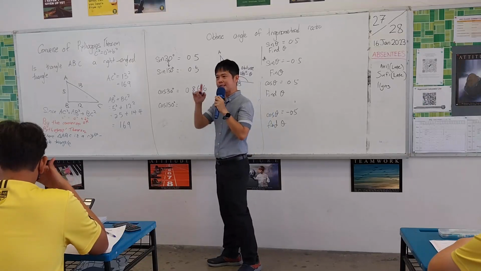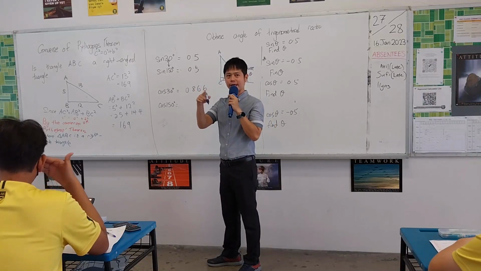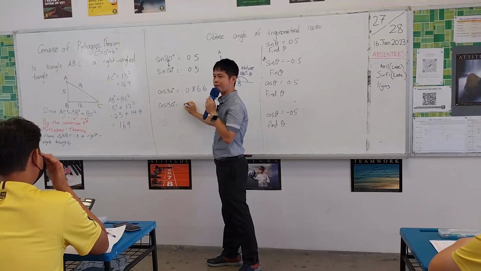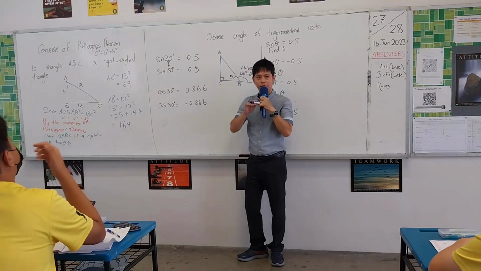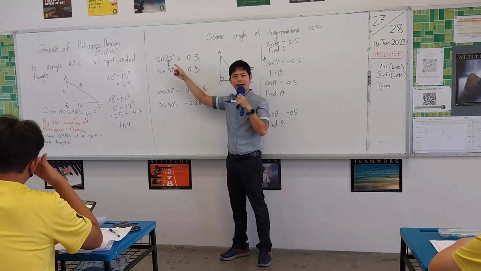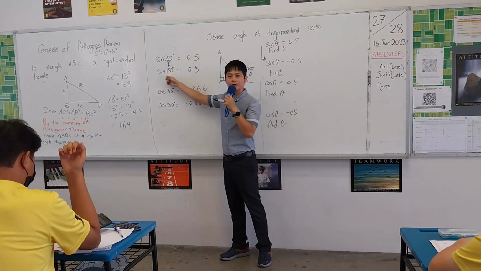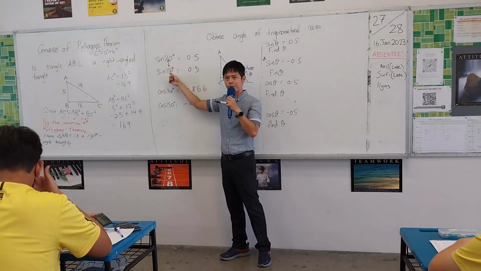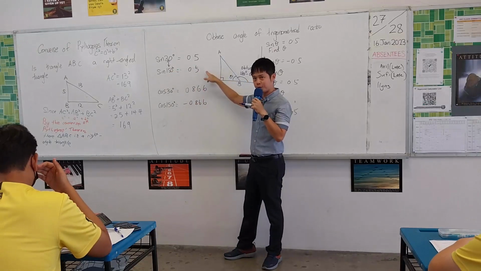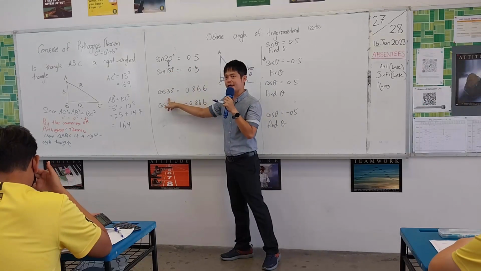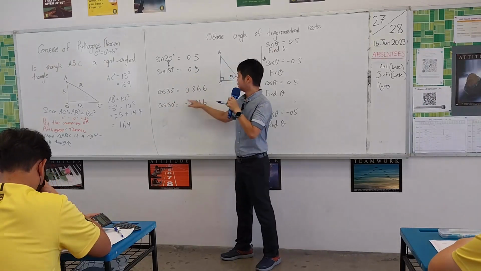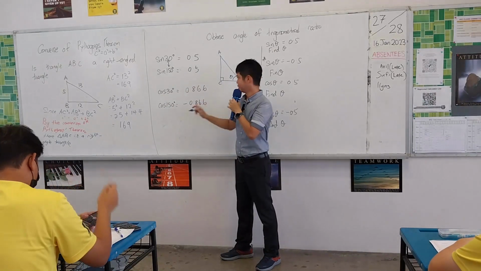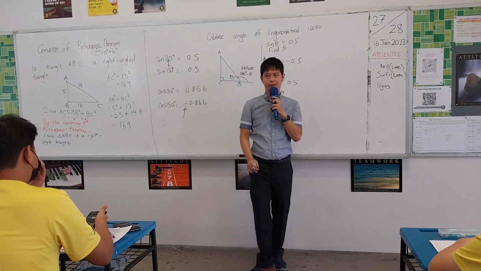Correct. So the answer is a bit different. I will have a negative instead. So the sine acute and the sine obtuse will give you the same ratio. The cosine acute and the cosine obtuse angle, the answer differs by a negative sign.